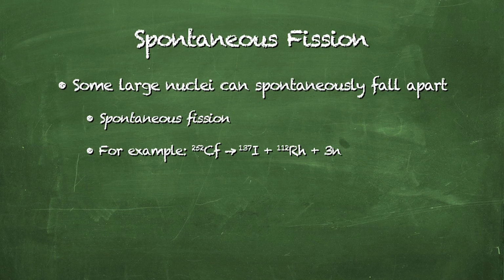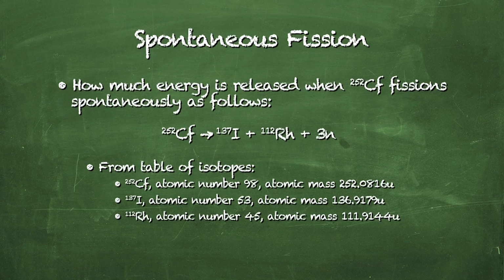So the question is, how much energy is released when californium-252 fissions spontaneously into iodine-137 plus rhenium-112 plus 3 neutrons? From a table of the isotopes, californium-252, which is element 98, has an atomic mass of 252.0816 atomic mass units.